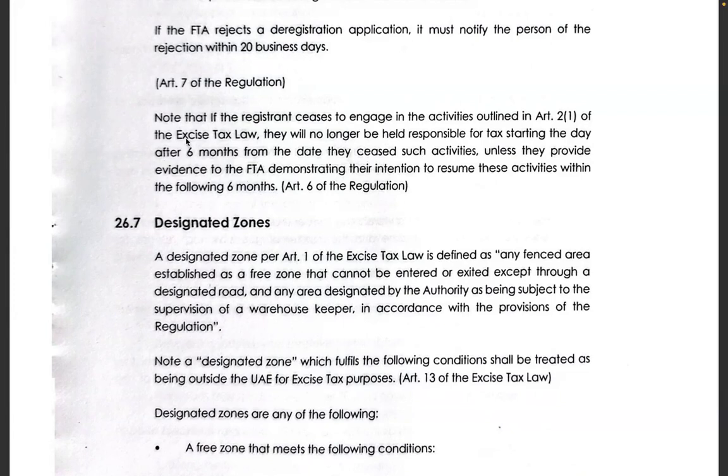So, let us read again. Note that if the registrant ceases to engage in the activities outlined in Article 2(1) of the excise tax law, which are excise activities, they will no longer be held responsible for tax starting the day after 6 months from the date they ceased such activities.